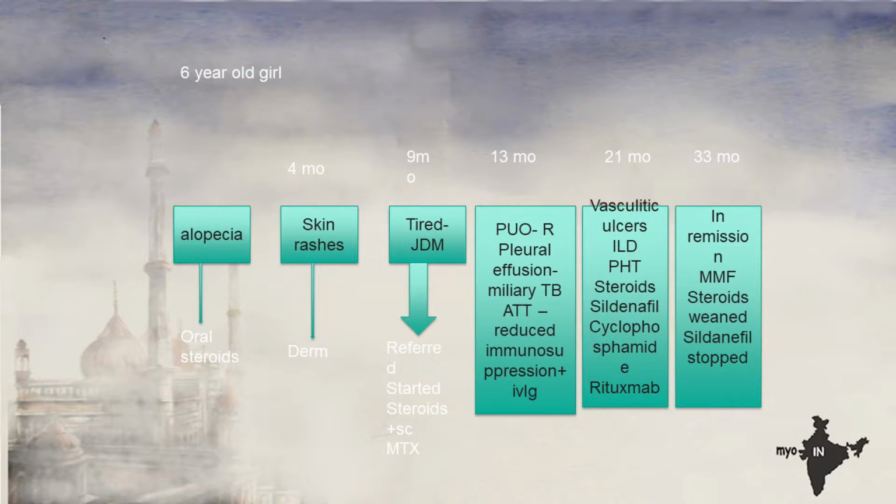What was surprising was she responded to all this beautifully, and she's today off steroids, just on mycophenolate alone, with everything else stopped, and back to school and attending things normally.